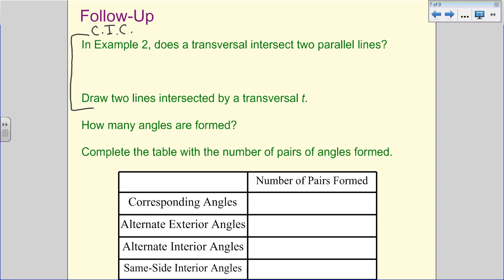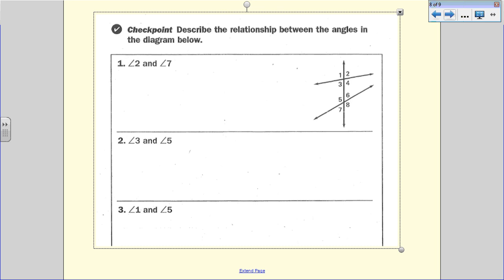Actually, let me extend that: how many angles are formed. And then complete the angles. This one we will do in class. I want to make sure you guys have that. And then we will talk about labeling our angles and getting the correct pairs written in there so that we're all consistent. All right, checkpoint.